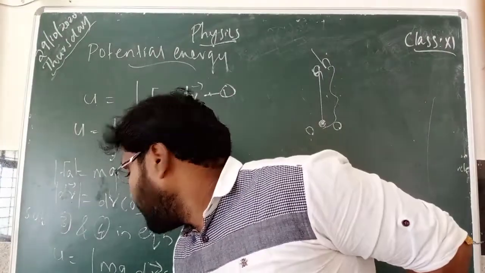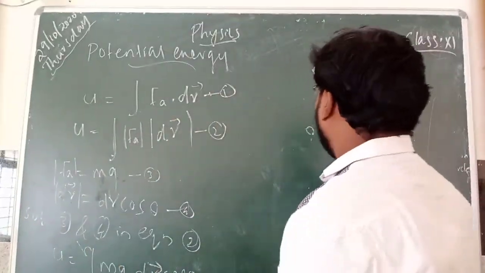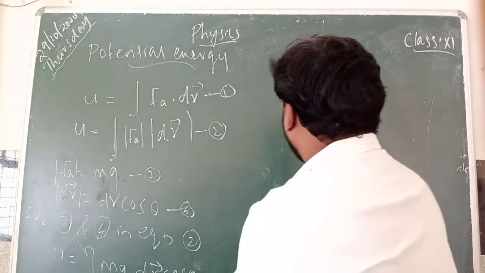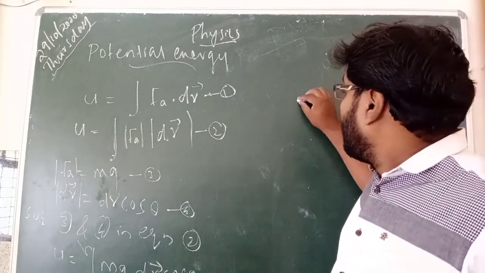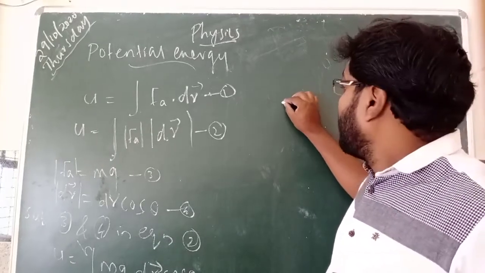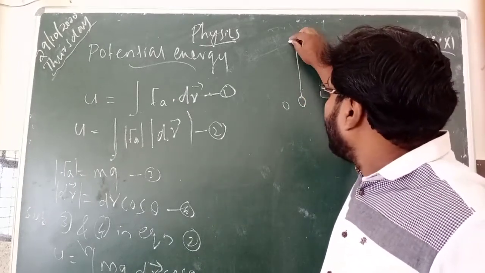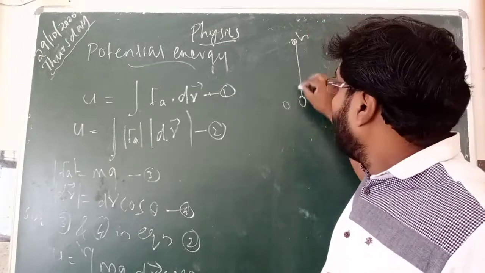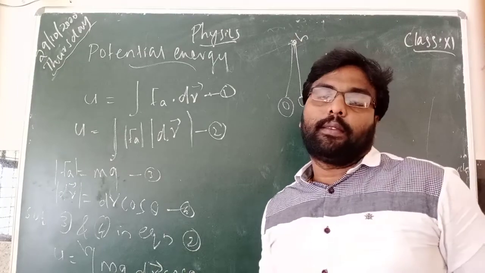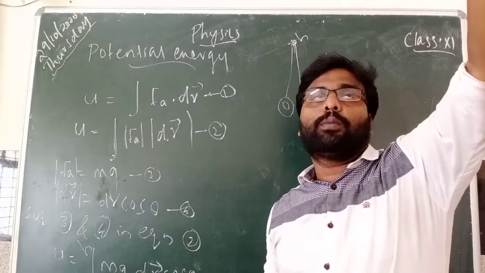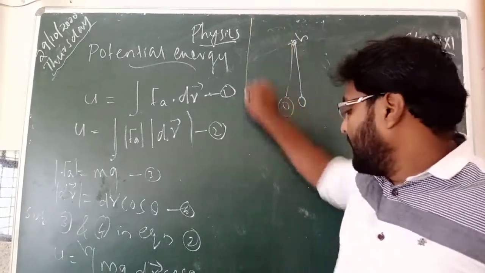You can put lower limit 0, upper limit h. I think you have understood this. The object is here. Now the potential energy is 0. We are lifting this object to the height h. Now from 0 to h you are lifting. That's what we are integrating. So from this position to that position it is displaced. So we can integrate this equation.